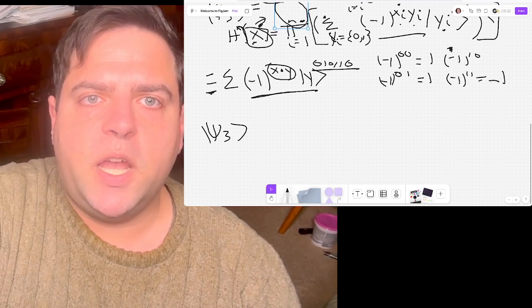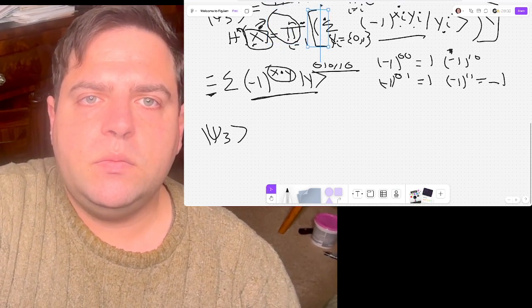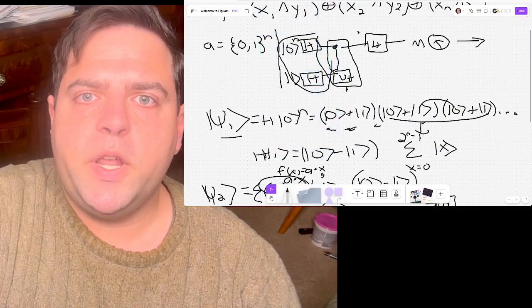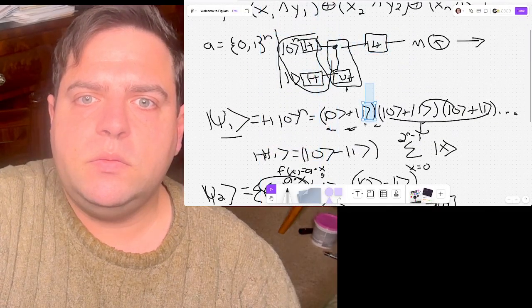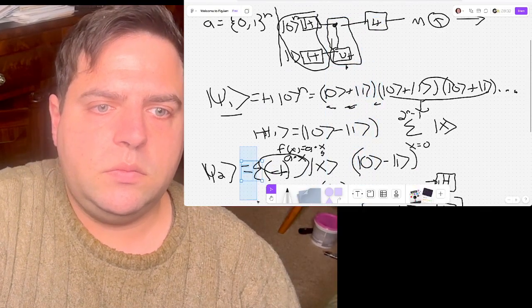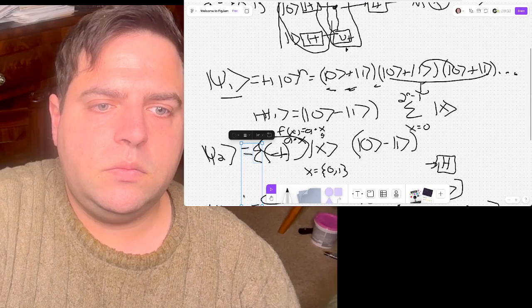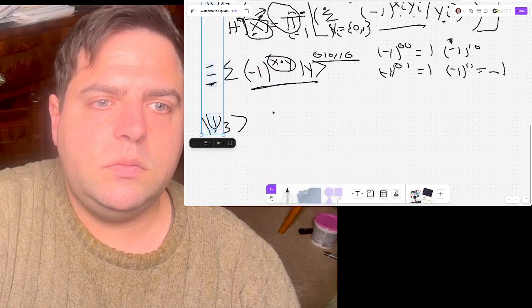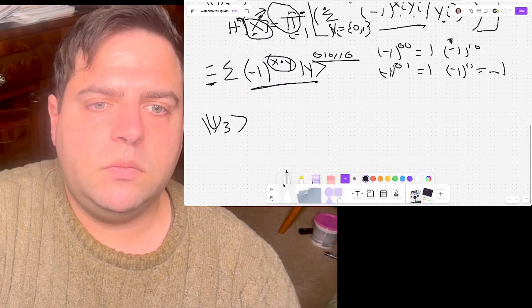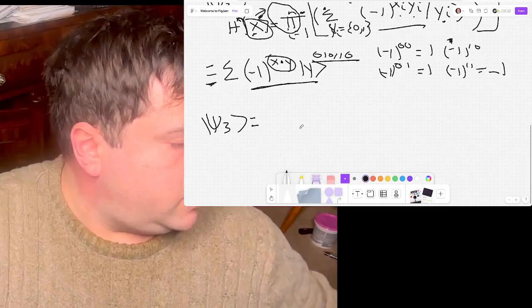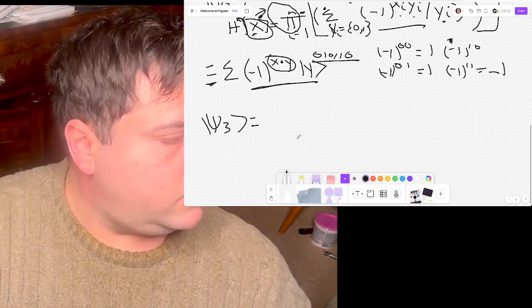If you recall with the psi3, we're putting it through this Hadamard gate here now. So we're going to use this relationship that we just derived.